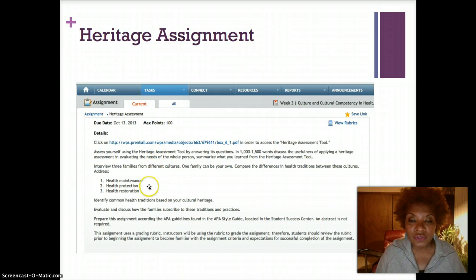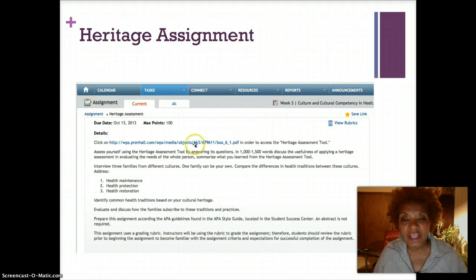Then you're going to interview 3 families from different cultures, and incorporate the questions from the heritage assessment in your interview, so that you ultimately compare your own results culturally with the results from the 3 different family cultures that you interview.